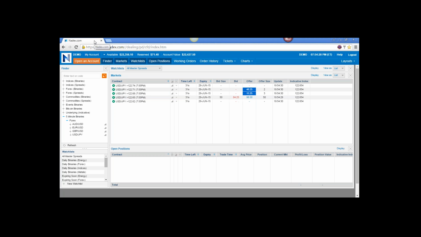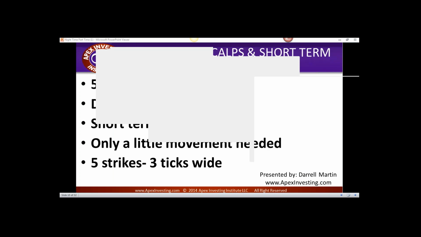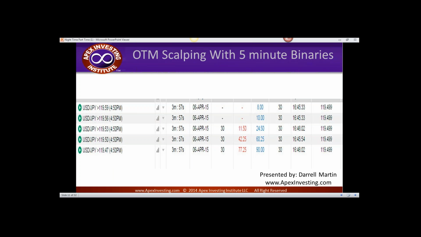So what I'm trying to show you is how powerful scalping can be, because I don't need a huge run in the market. I don't need crazy big movement. I just need a couple of ticks to be able to make some quick money and get out, okay?